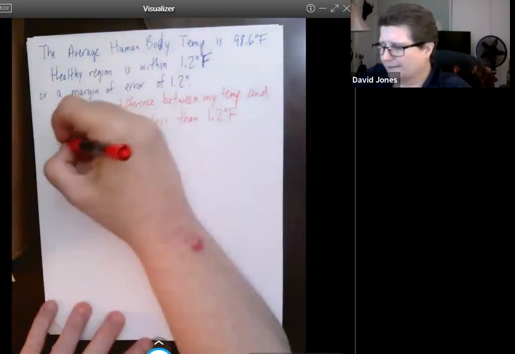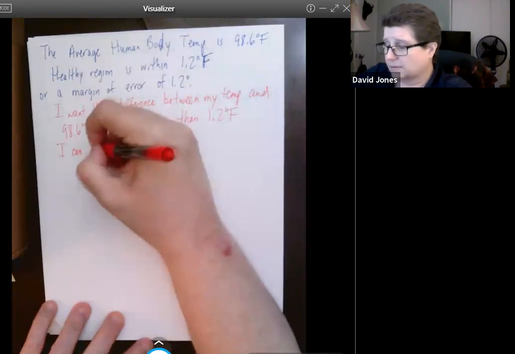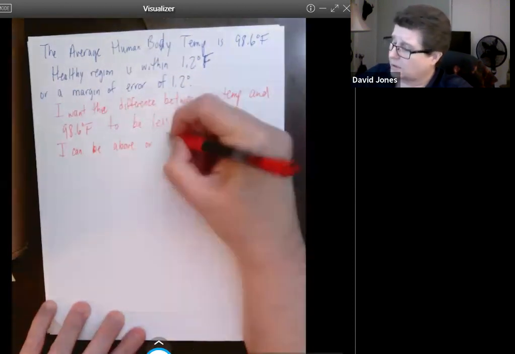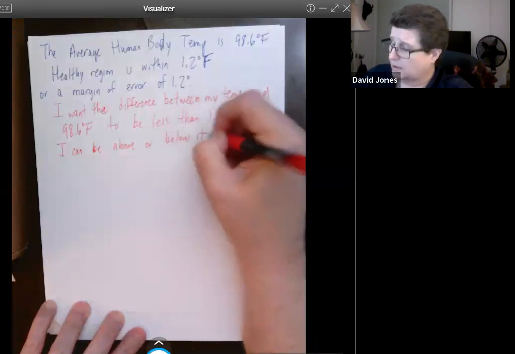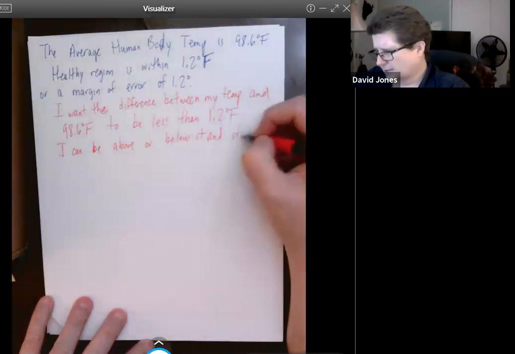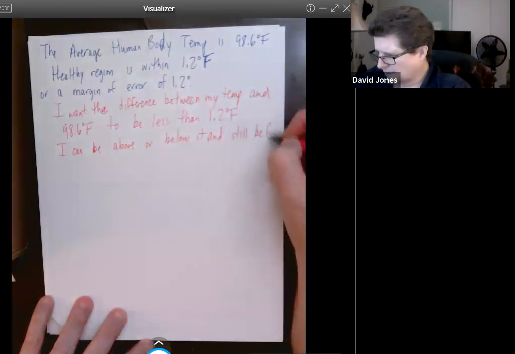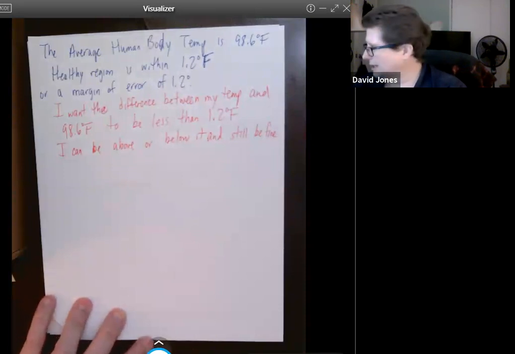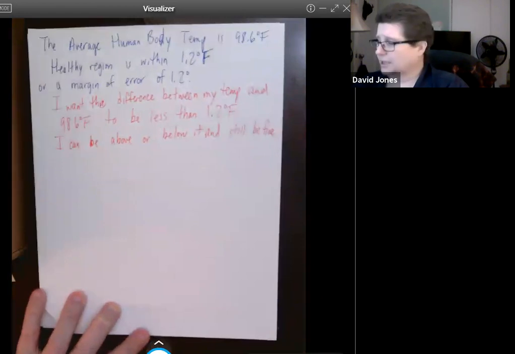I can be above it or below it and still be fine. I think 1.2 might be a little bit high, but I just made this problem up right now.